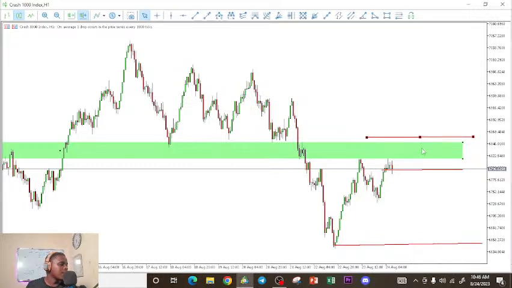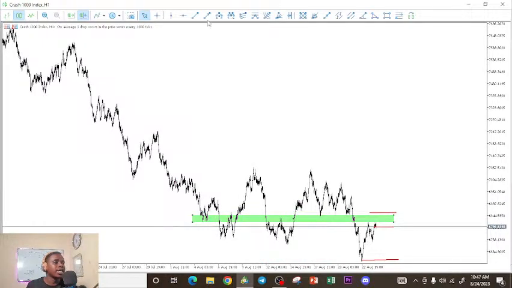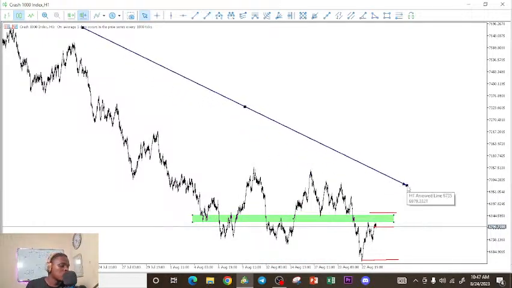That's what I think is the best for Crash 1000 today, because we are looking at major levels, and also we are looking at a market that is already in a long-term downtrend. So why would we want to oppose the downtrend? We want to follow where the market is going, right?